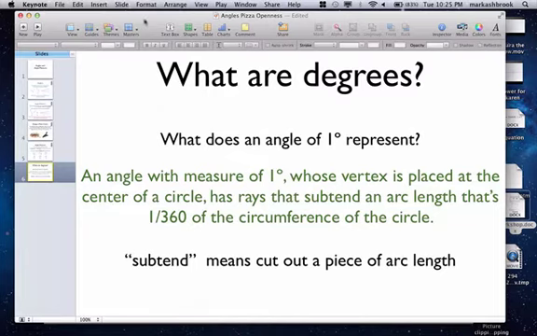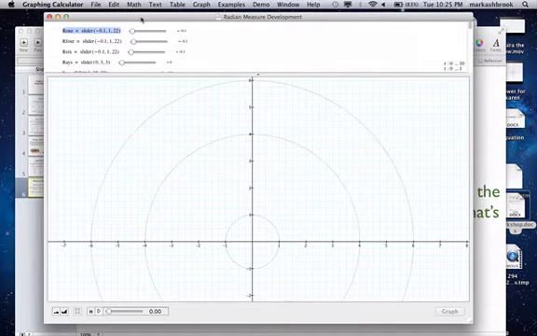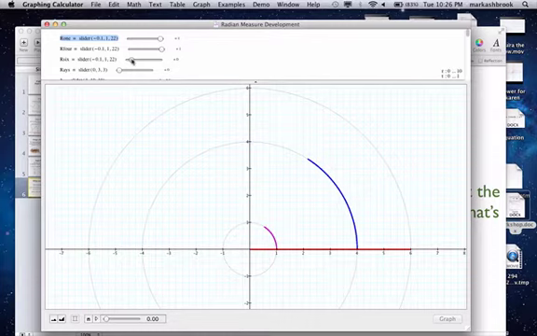Okay, and then from there we moved to talking about radians. And so we looked at these 3 circles, and we showed that for each circle, if we peeled off that radius and laid it on the circle, so there's the radius 4 arc length, and then the radius 6 peeled off and laid on the circle.